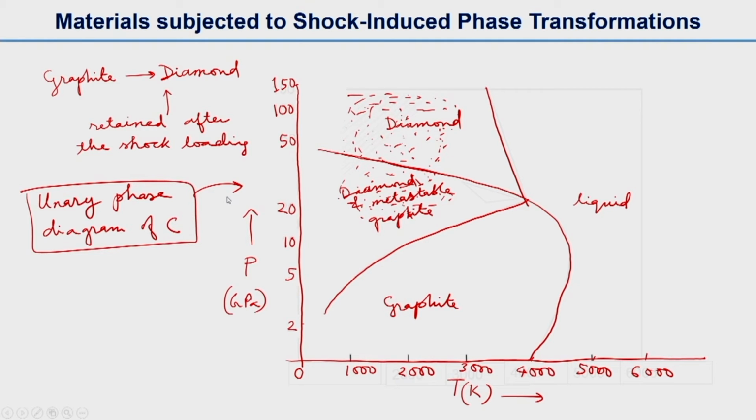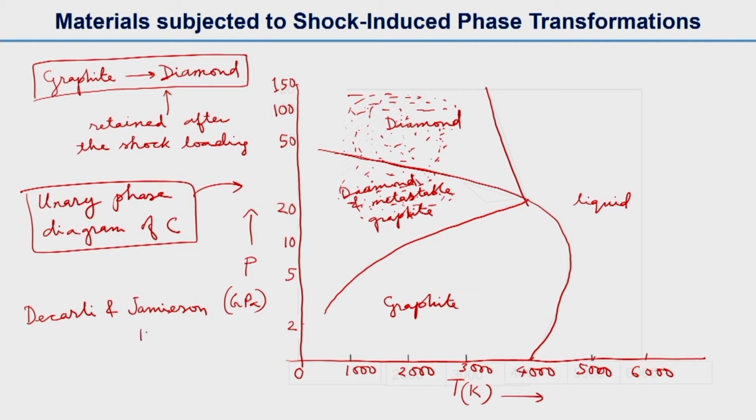The first researchers to report the graphite to diamond transformation using shock loading were DeCarli and Jamieson.